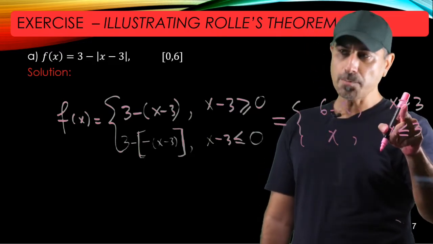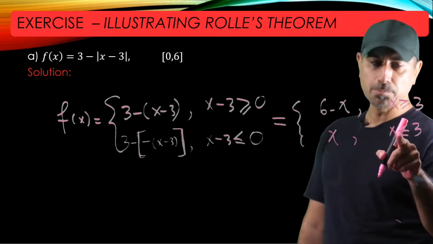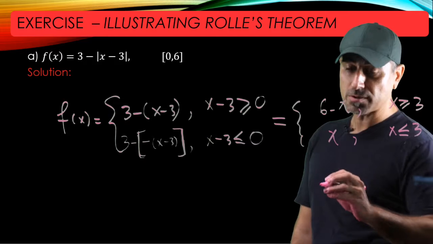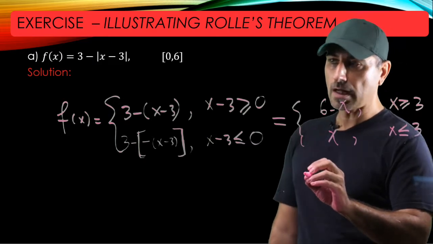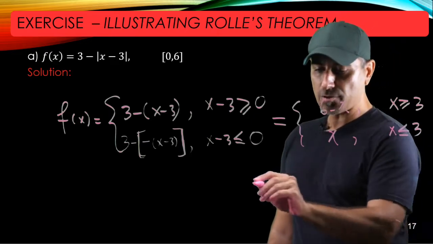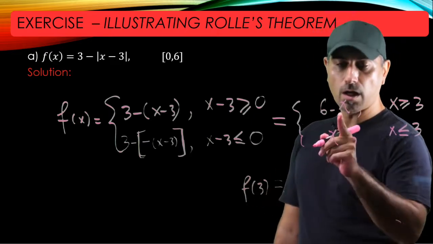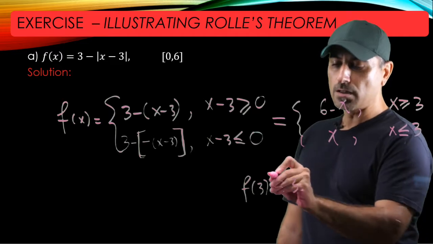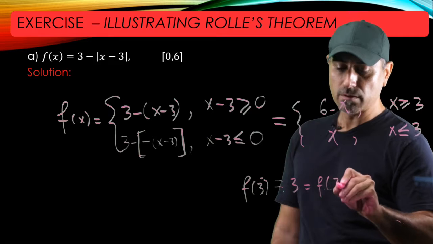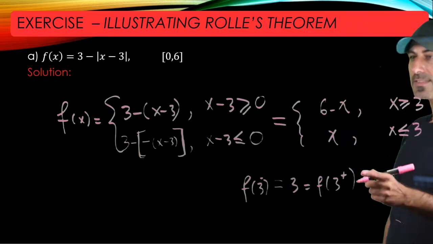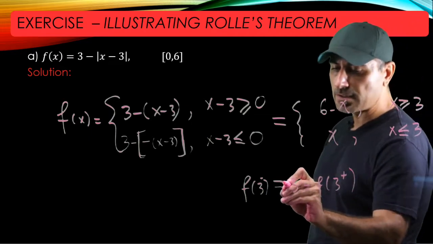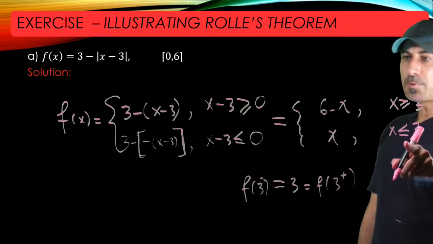For me to put equality in both pieces here, I should check the continuity at x equals 3. For x equals 3, on the left the function takes the value of 3, and on the right it also takes the value of 3. If you look at the limit as x approaches 3 from the left or the right, the function value is exactly 3, so I have the right to put the equality sign here.